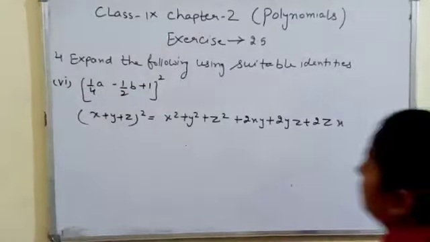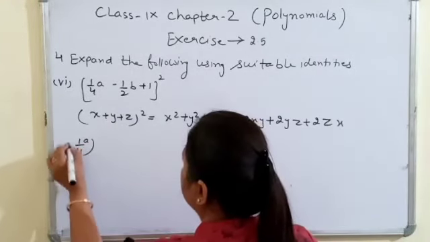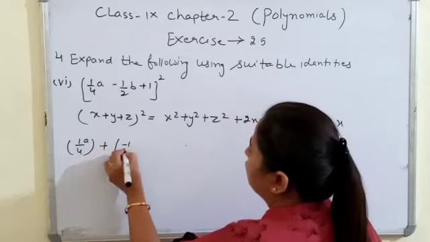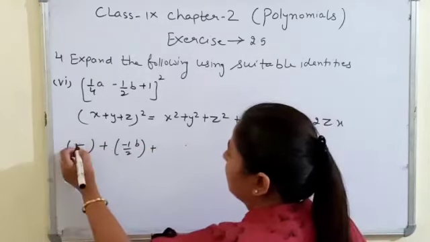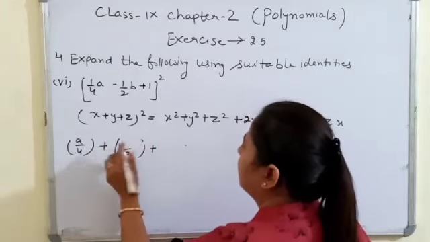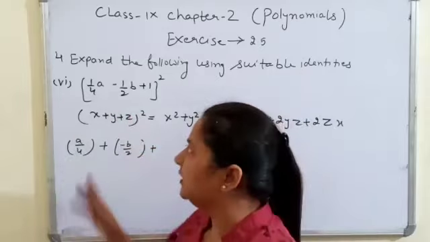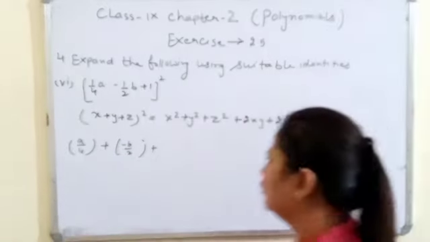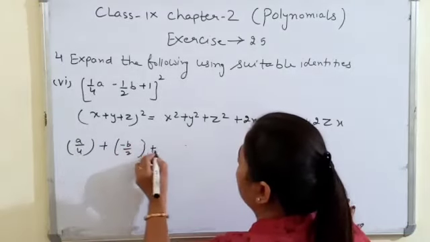So what is x here? 1 by 4 a, minus 1 by 2 b plus 1. Or we can write a by 4 minus b by 2, because when we will multiply 1 by b, result is b, and 1 by a, result is a. So we can write a upon 4 minus b upon 2 plus 1.